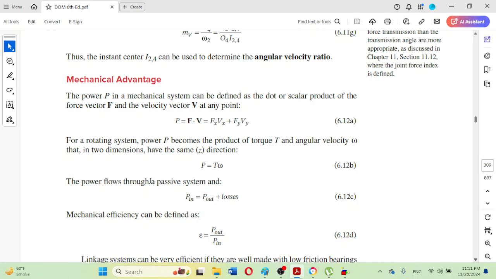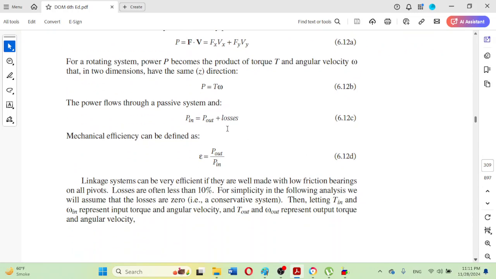observe, a passive system is such a system which actually contributes losses, because the input power is not 100% converted into output power, because some losses are unavoidable and necessary losses always do take place.